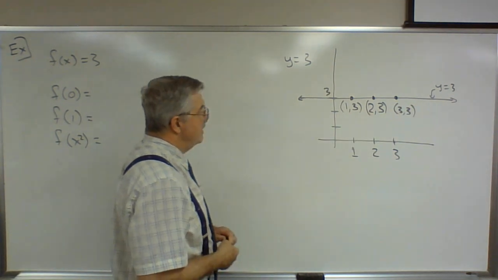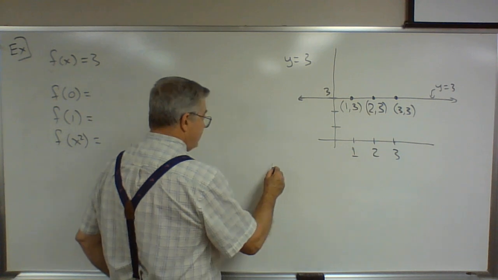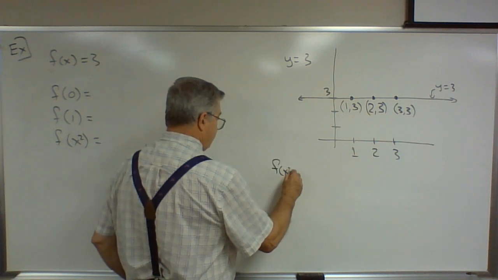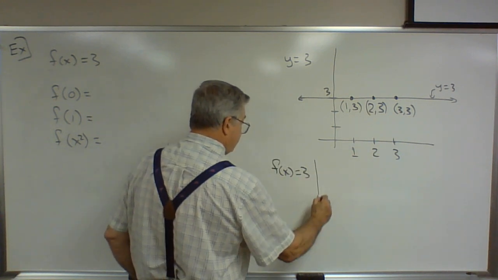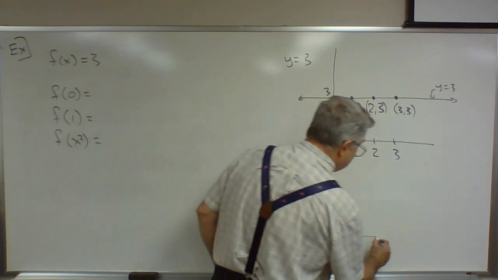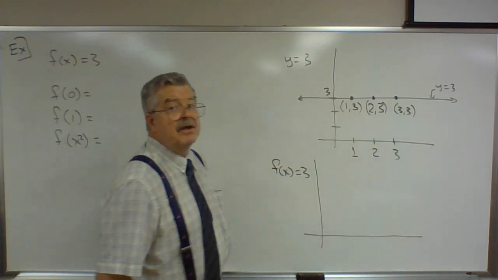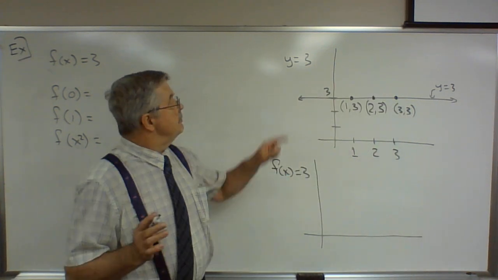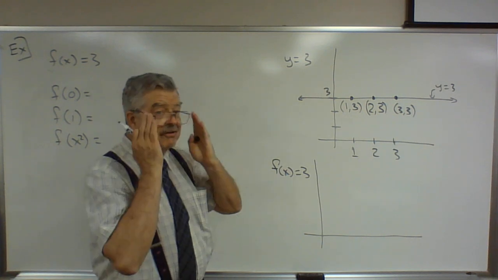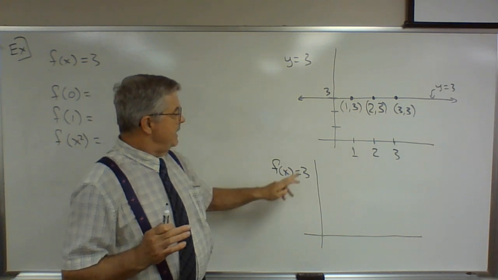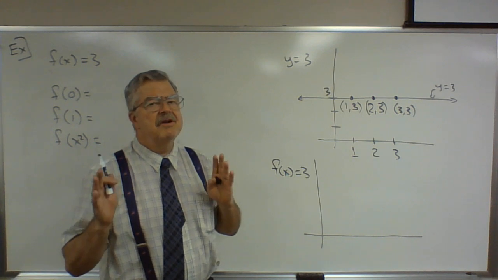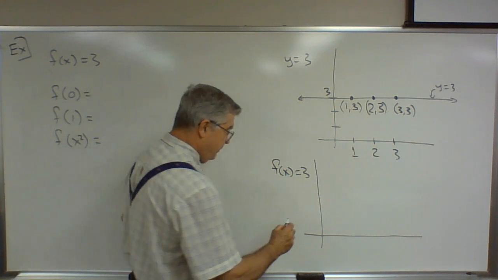Well, you know what? The graph of f of x equals 3 looks exactly the same way. We make no distinction between y and f of x. Y and f of x are two different names for the same thing.